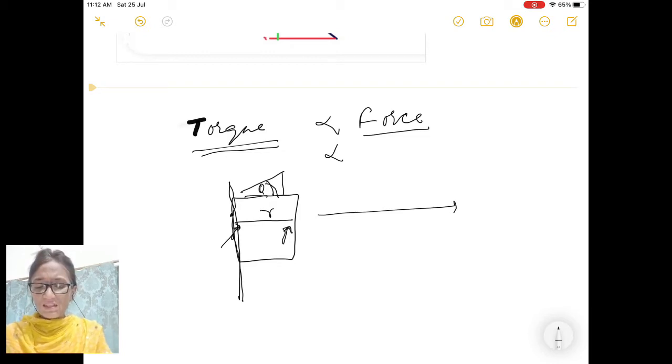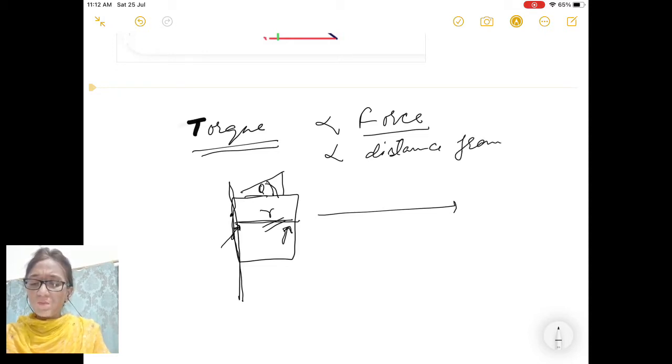When the distance from the axis of rotation is increased, there is a larger rotational effect. It means that torque also depends on the distance from the axis of rotation where the force is applied. Here force is applied, so this distance is called the distance from the axis of rotation.